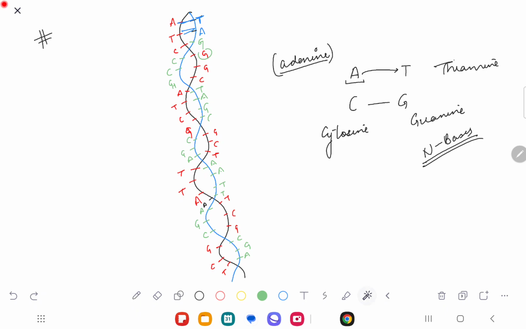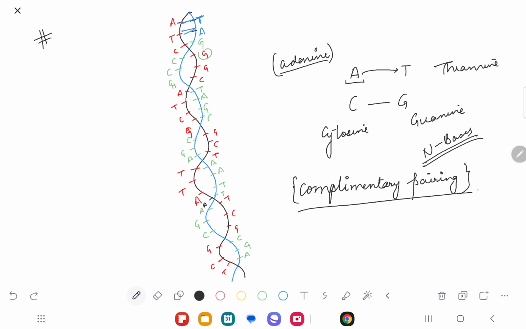Are you understanding? Any doubts in this? None. So this is called complementary pairing. What do you mean by complementary pairing?